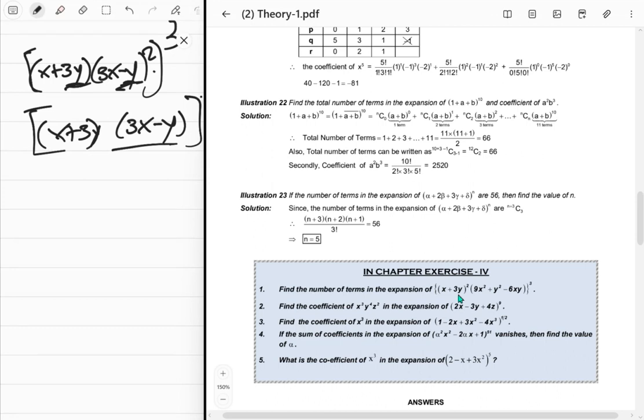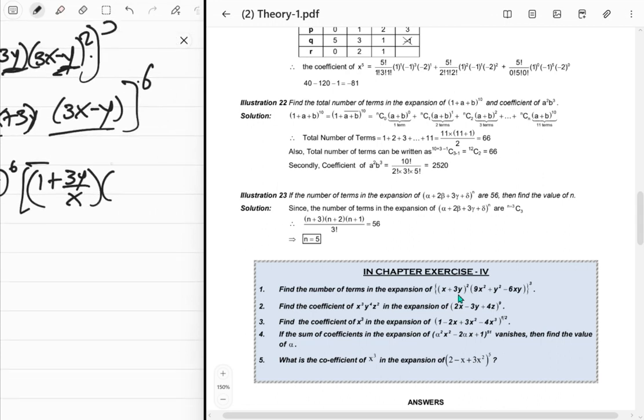So, okay, cool. Now think about it. What can we do? We'll definitely just take out 3x squared from this. So this will be 3x squared to the power of 6, and then you've got 1 plus 3y upon x, and that times 1 minus 3y upon x to the power of 6. Oh, it's supposed to be y upon 3x, sorry.